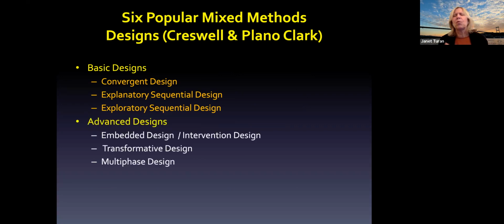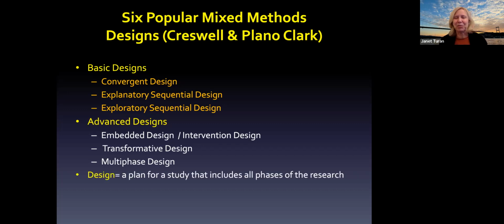And then there are some more advanced designs that you can go to some of these sources and learn about, how you sort of embed different types of strands of research in an intervention. There are some complicated multi-phase designs. But I think really just getting the key elements of the basic designs is most important.